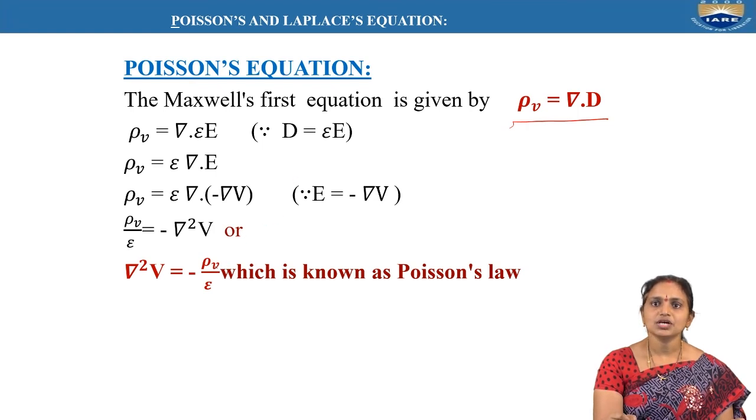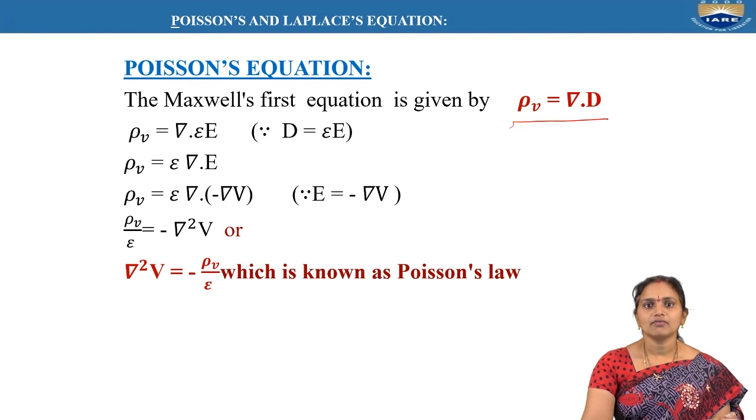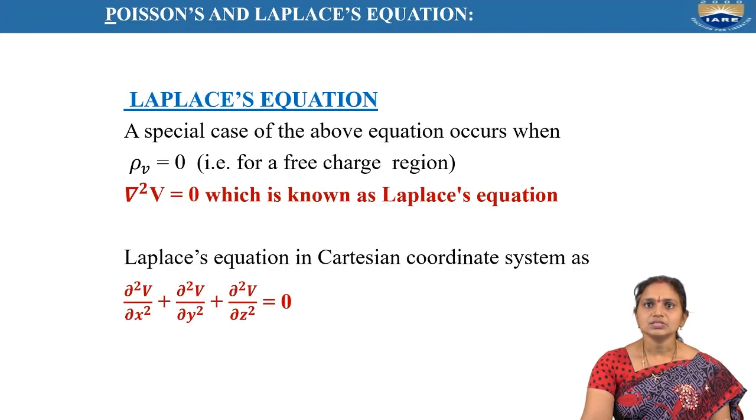With the help of Poisson's equation, we can calculate the potential V, and we can calculate rho v also. Next we have a special case of Poisson's equation, which we call the Laplace equation.